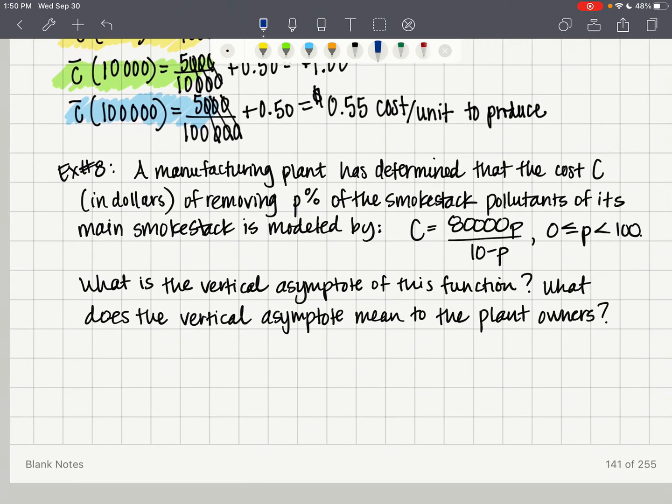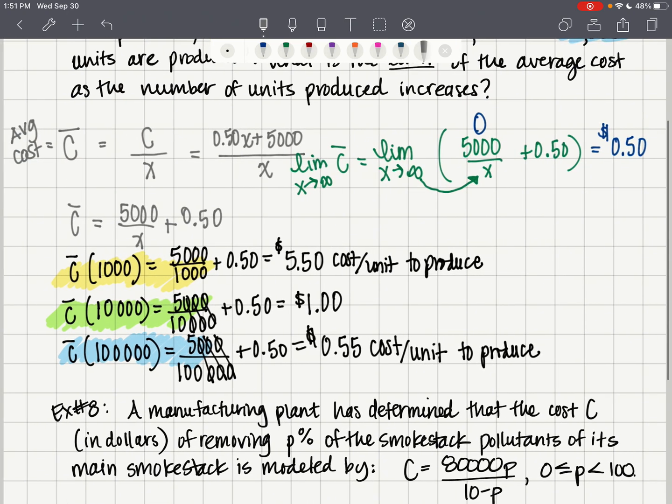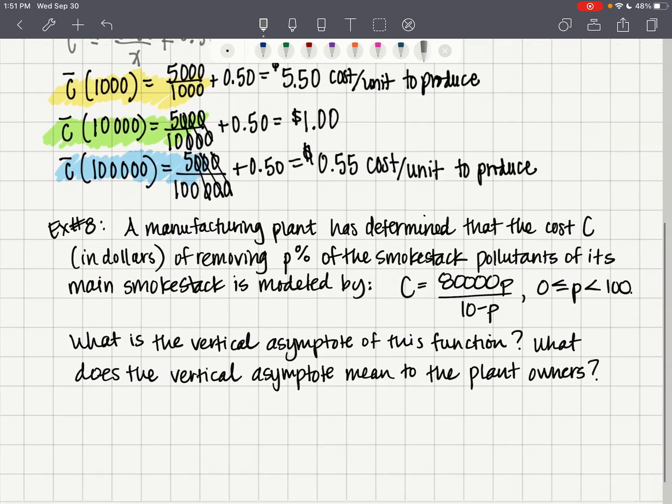Okay, here's number 8. This one I would use my graphing calculator for. To be quite honest with you, I would use my graphing calculator, take a look at what the vertical asymptote is, what does the vertical asymptote mean to the plant owners. See if you could just explore this one for fun, but really we've got it right here with number 7.